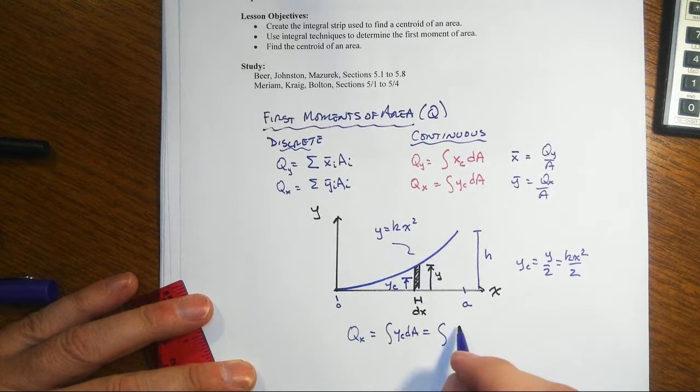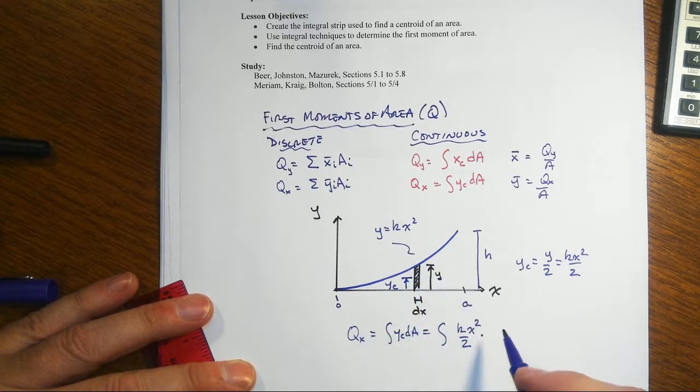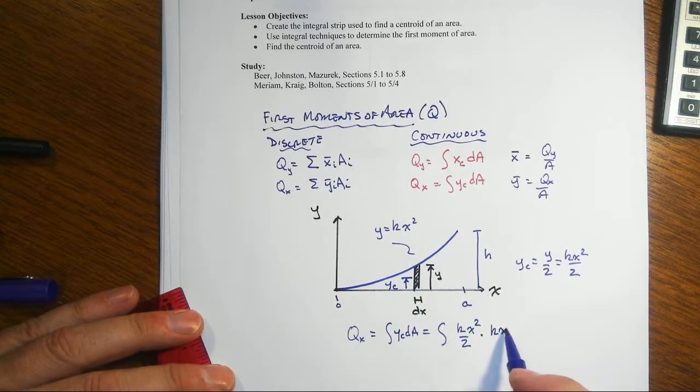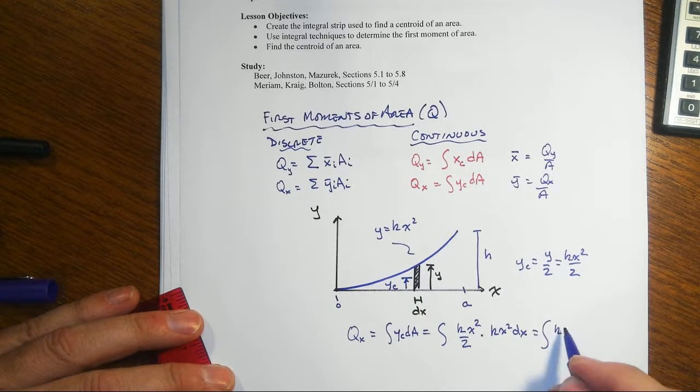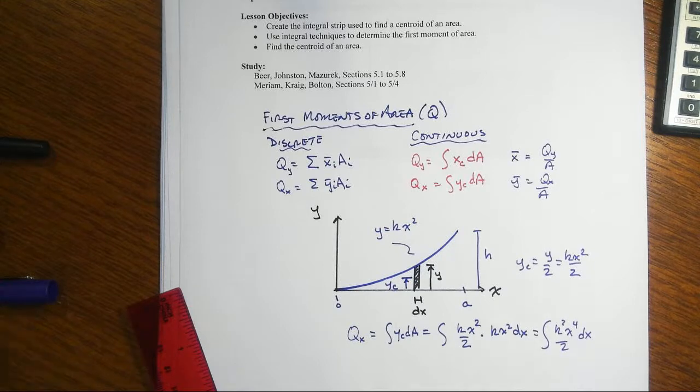Substitute in our definition of y sub c, so that becomes kx squared over 2, and then we have the area of this rectangle, which is y high, and y is given by kx squared, so we have another kx squared times its width dx. That would be, in this specific case, k squared x to the 4th over 2 times dx, and then we can go on from there.